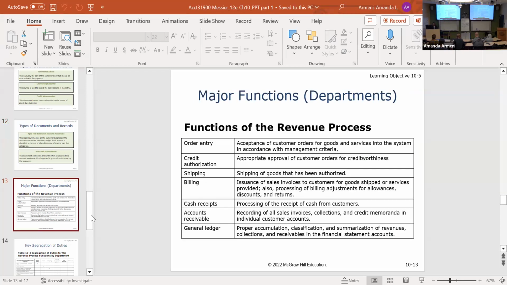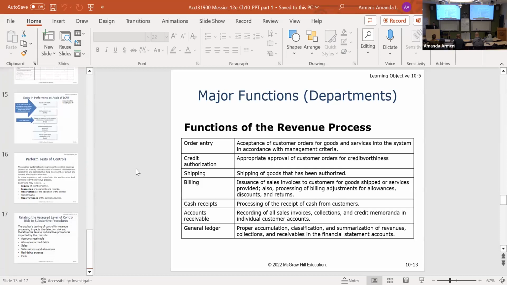The major functions. So these are the departments that are going to be involved in the revenue process for Earthware. Okay. Order entry, credit authorization, the shipping department, billing department, cash receipts department, accounts receivable, general ledger. And these departments may not necessarily be actual physical departments. They may be IT systems, right?